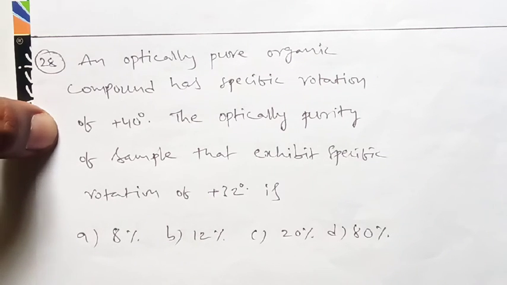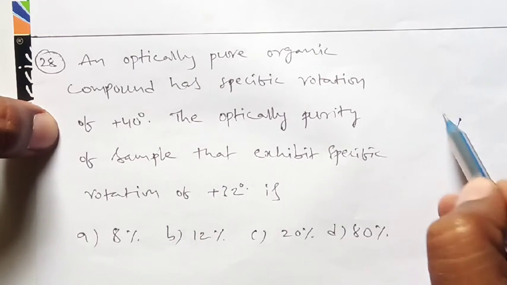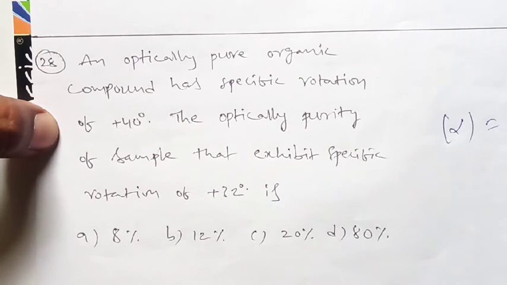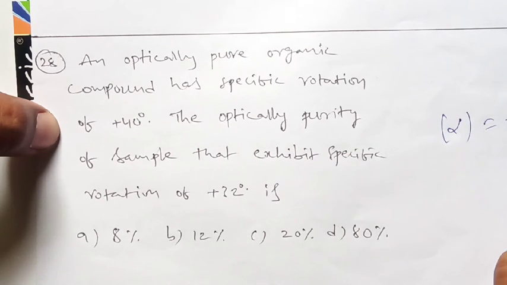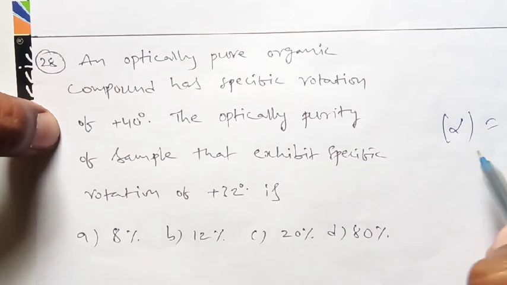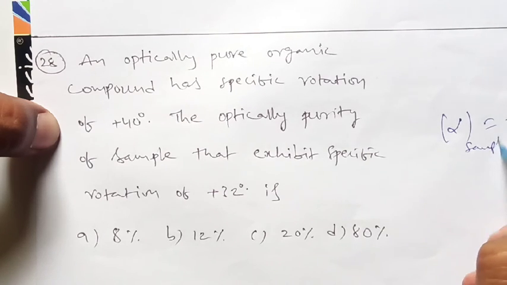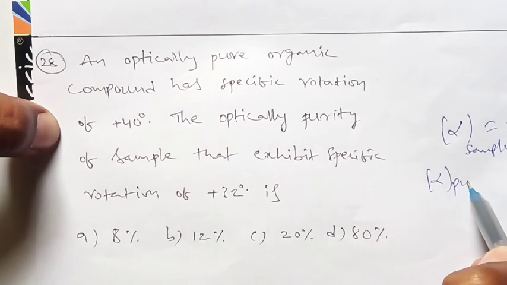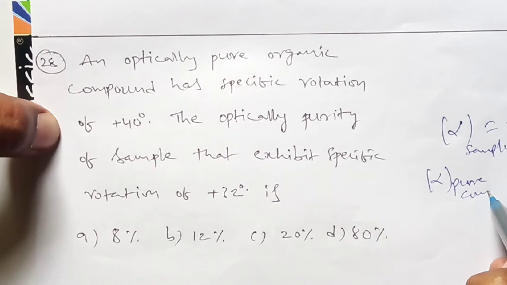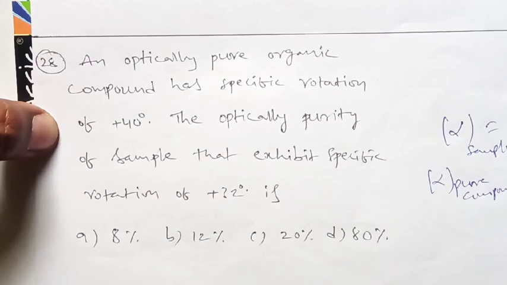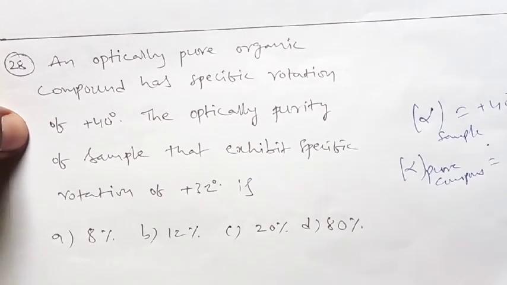The optical purity of a sample that exhibits a specific rotation of 32 is asked. So alpha of the sample is given and alpha of the pure compound, plus 40, is given. They are asking the optical purity.